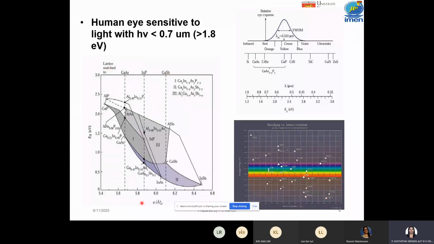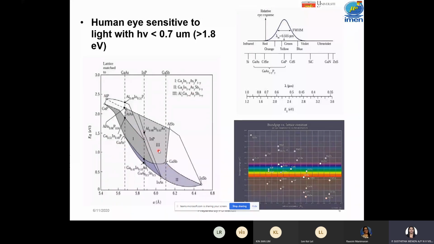This diagram shows three different materials, which are gallium arsenide, indium phosphide, and also gallium antimonide. This is the lattice constant, and this is the photon energy. You can see that we can tailor different types of materials, region 1, region 2, and also region 3.